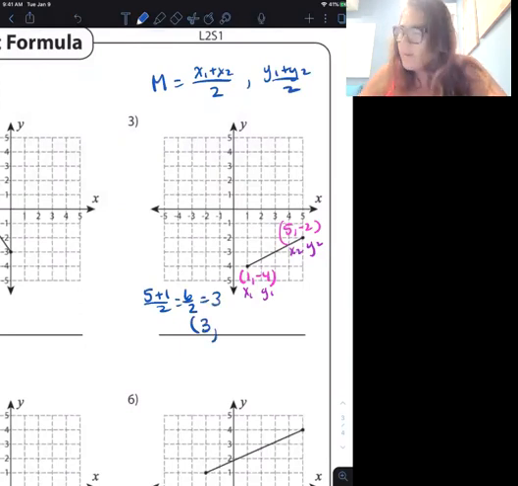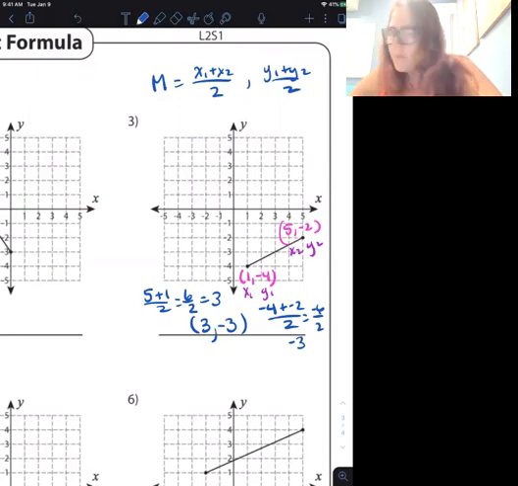Let's do the y value. I've got -4 plus -2 divided by 2. That equals -6/2, which equals -3. So my midpoint is 3, -3. If you have to graph the midpoint, you go over 3 to the right and down 3. So there's your midpoint right there.